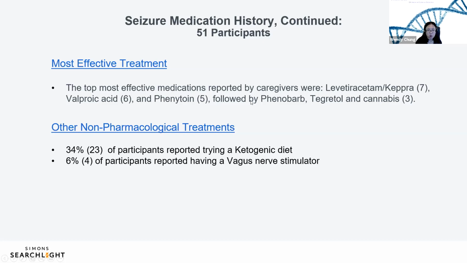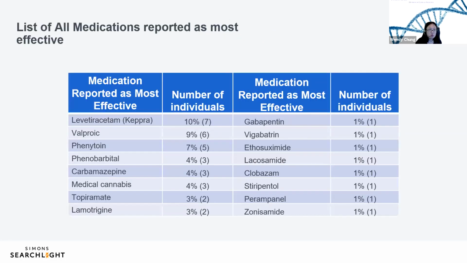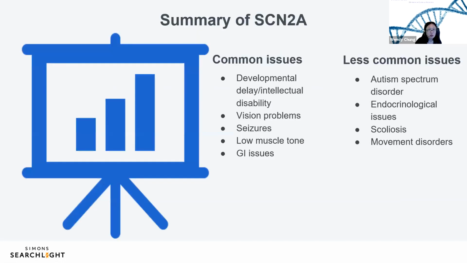And one of the things we hope is that with understanding the sodium channel better, there may even be opportunities for new medications, medications that might be more specific to the sodium channel. Again, just showing you by frequency the medications that were being reported as most effective. Medications like Keppra, valproic acid, phenytoin, phenobarbital. Often these were the ones that families were reporting to us as the most effective medications for epilepsy.